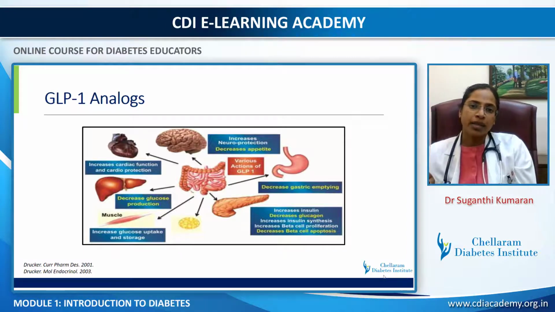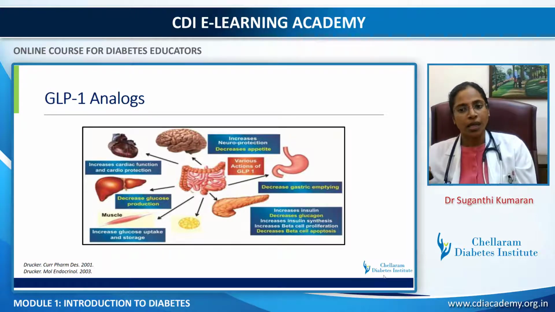When you look at the brain, its action is to suppress the appetite, and it also has a neuroprotective effect. Also, it decreases gastric emptying, and then it increases the insulin, decreases the glucagon, and increases insulin synthesis along with causing beta cell proliferation or beta cell preservation.